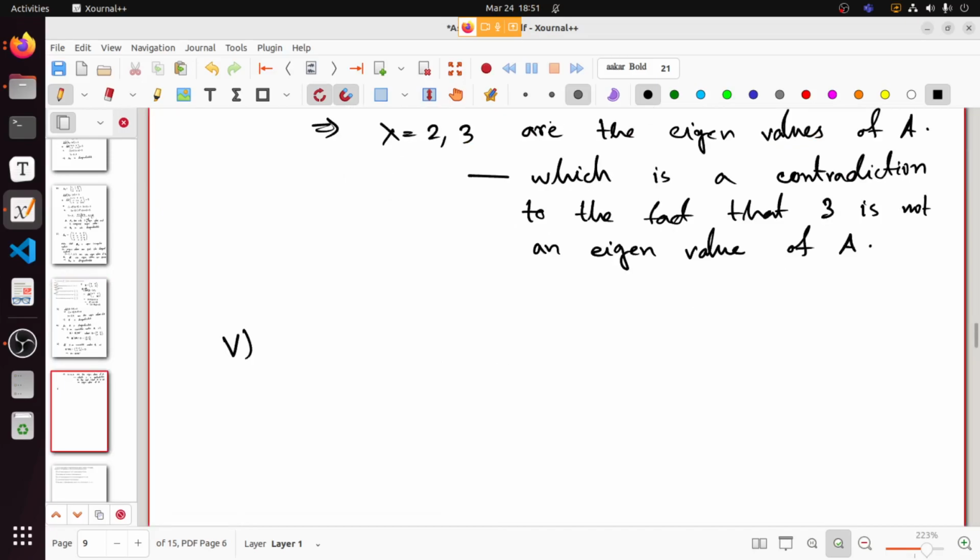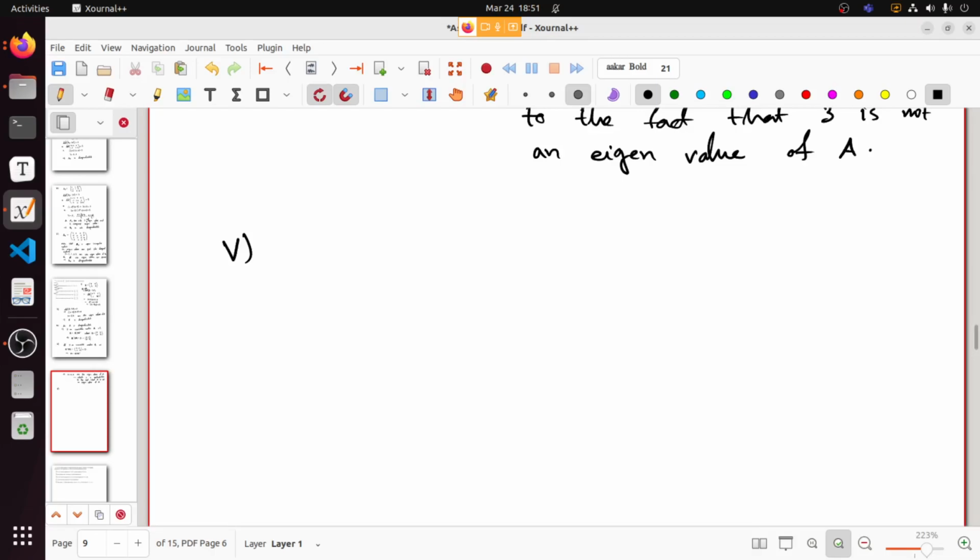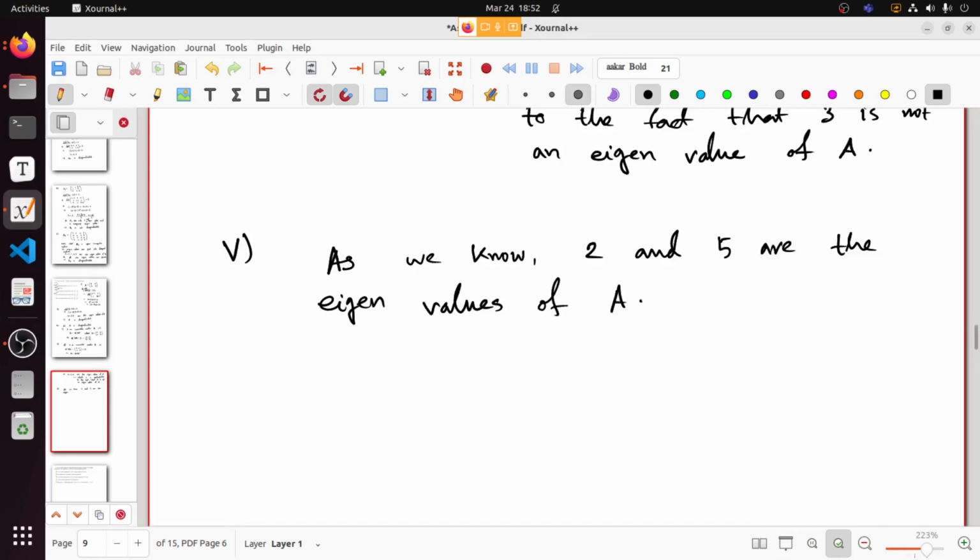So let's check option number 5. As we know, 2 and 5 are the eigenvalues of A. Let the eigenvector corresponding to 2 be V1, so A V1 equals 2 V1, and A V2 equals 5 V2.